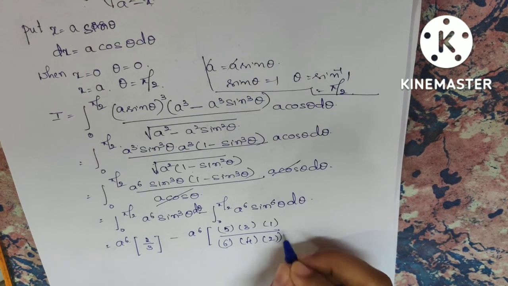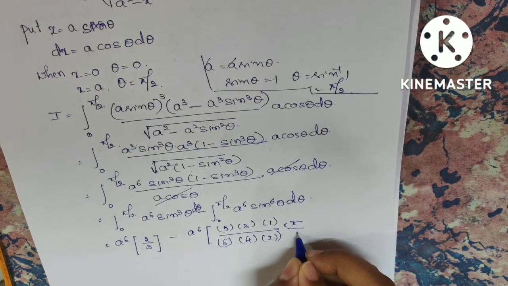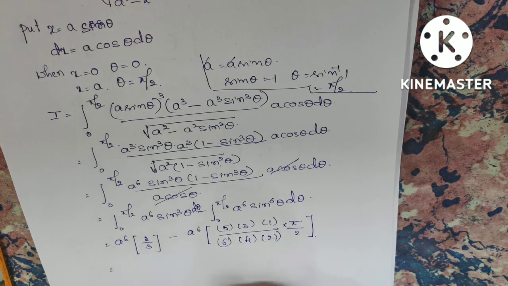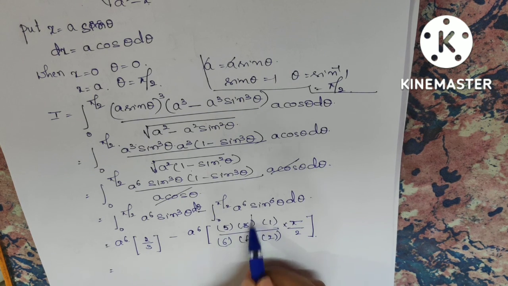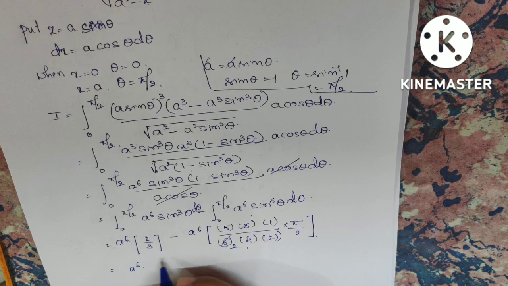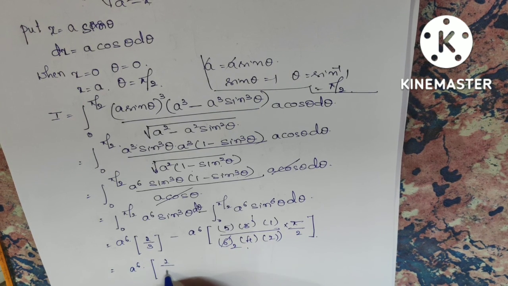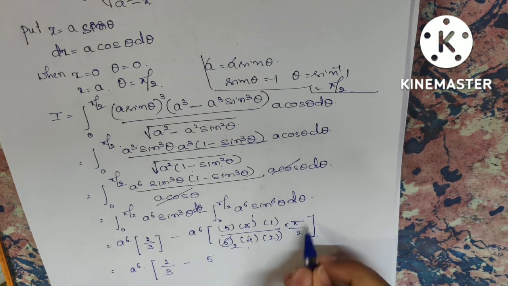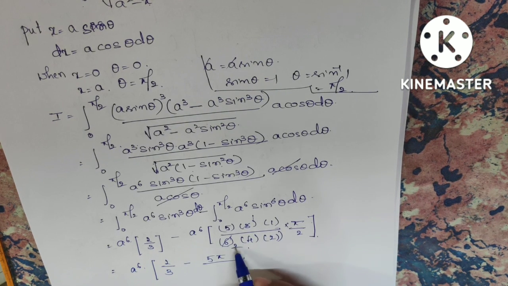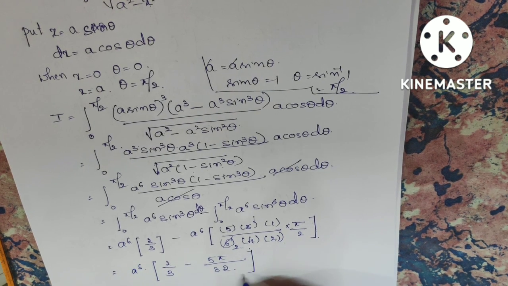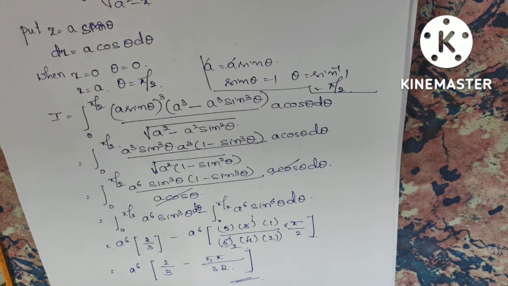Since the power is even, we have to multiply by pi/2. 3 ones are 3, twos are. So I'll take a to the power of 6 common here. So 2/3 minus 5 pi/2, fours are 8, 8 twos are 16, 16 twos are 32. So this is our answer.